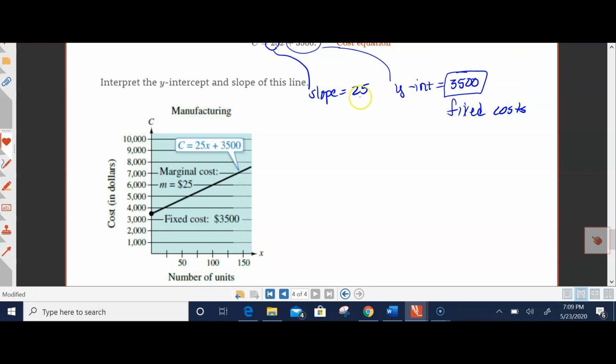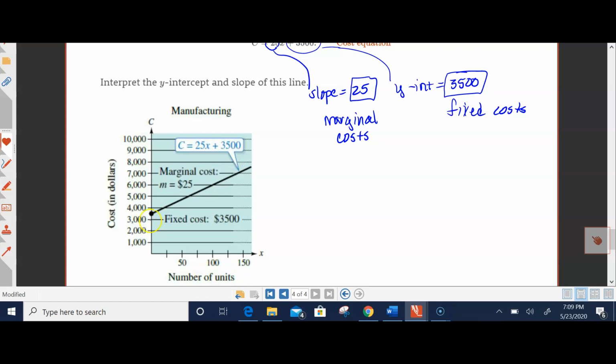The slope, in this case, which is 25, can also be called our marginal costs. Which means if you look at this, this is an increasing line, a rising line, so our slope is positive.